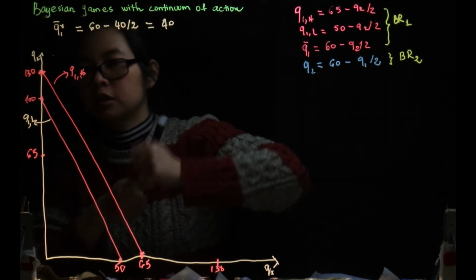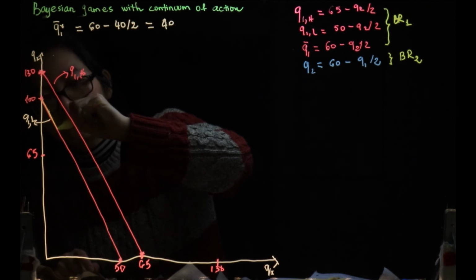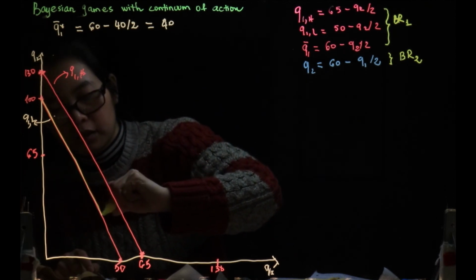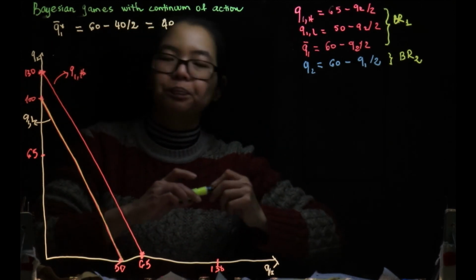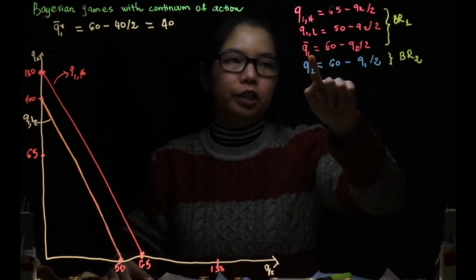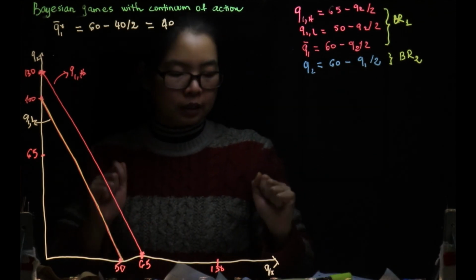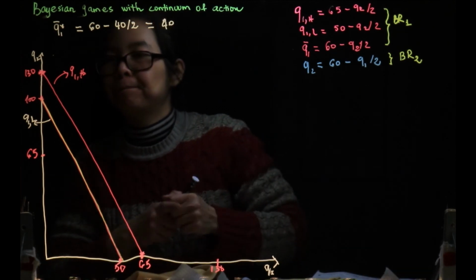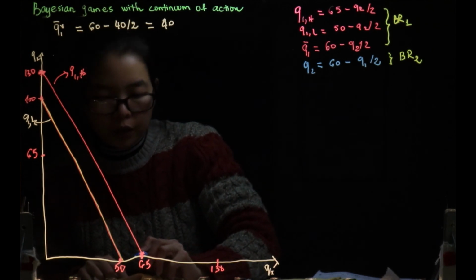Now, need to change to another color. Because I have a lot of colors. Why not? Okay. Then Q1 average, 60 minus Q2 over 2. Similar reasoning. I could have 60, so somewhere over here.